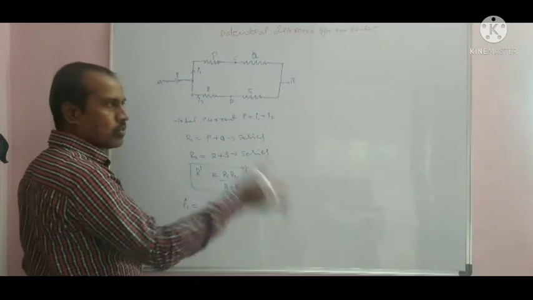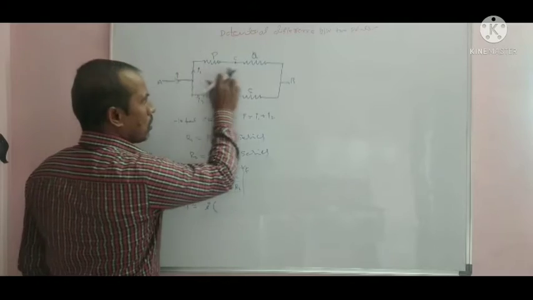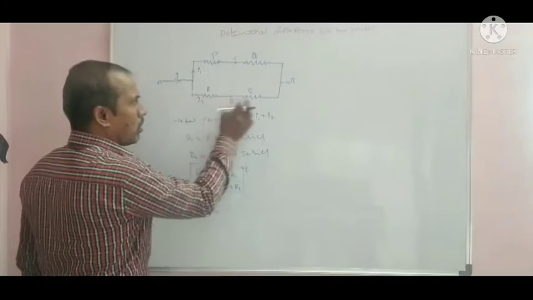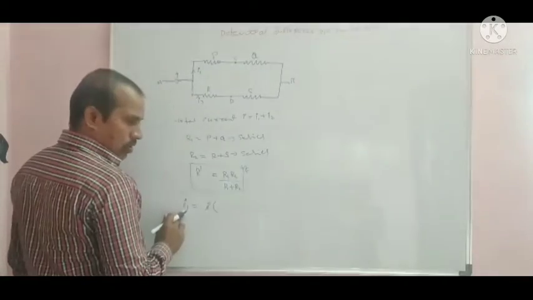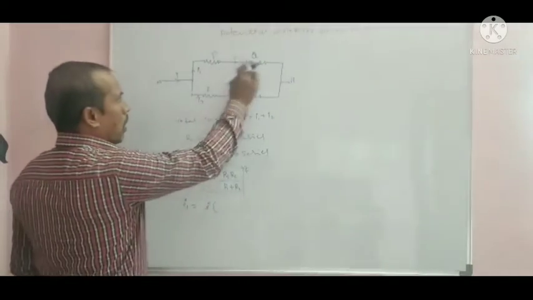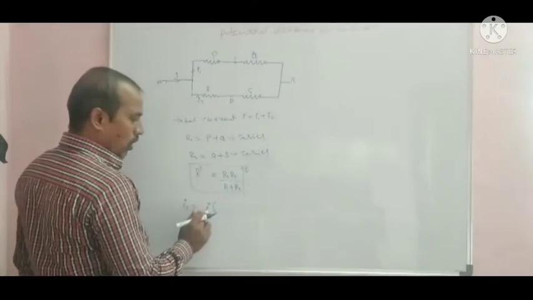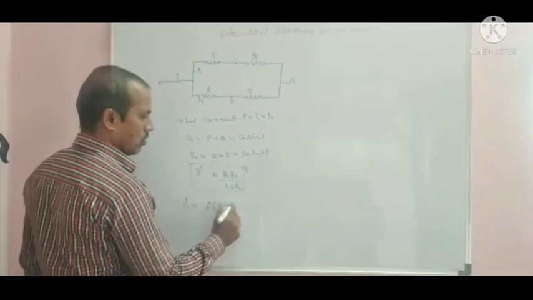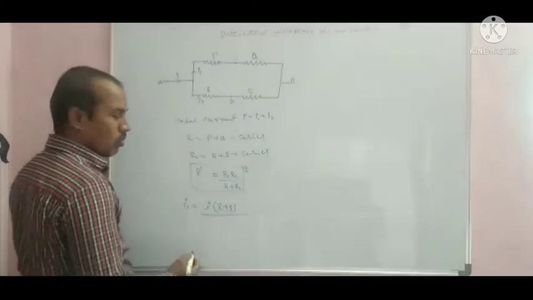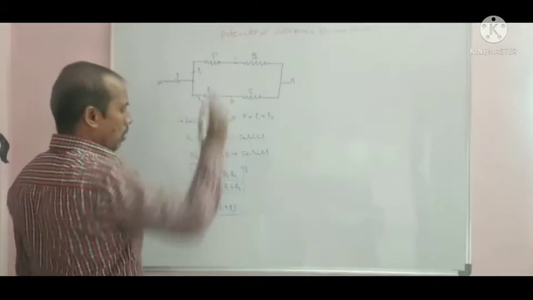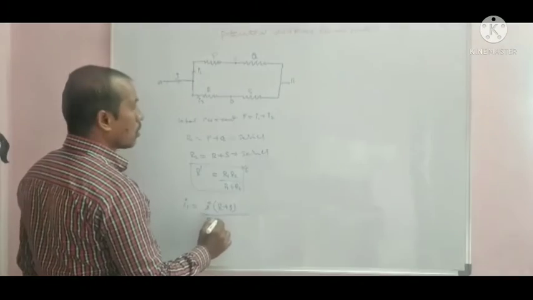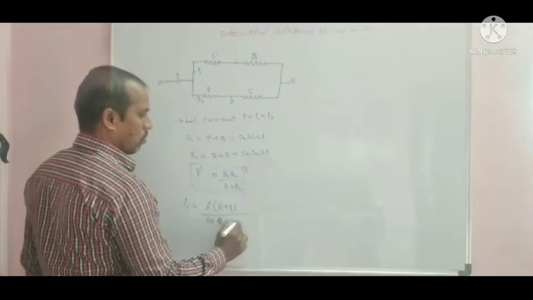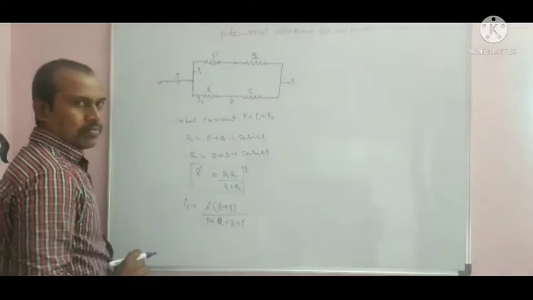Opposite branch means here R and S. So the current passing through P and Q, I1, is equal to total current into R plus S, divided by total resistance. Total resistance is P plus Q plus R plus S. This is I1.